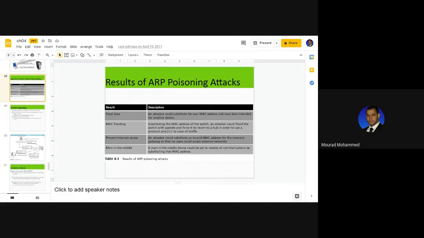When the switch is reverted into a hub, it is hacked, and it will act as just a gateway. Any message coming from any port will be exposed to everybody.